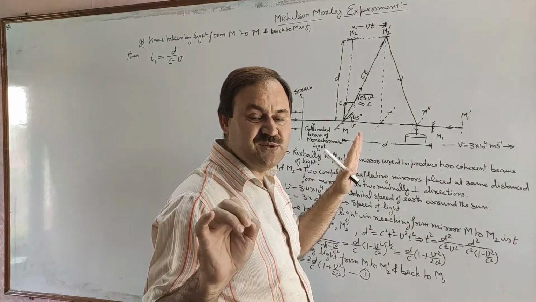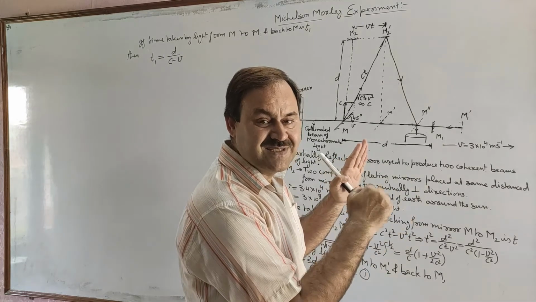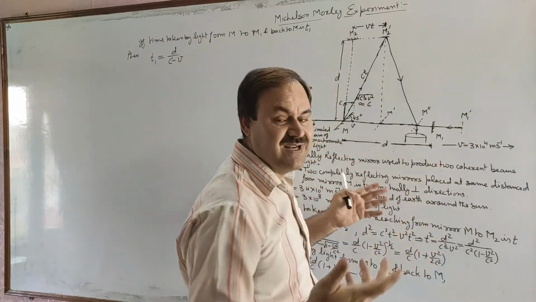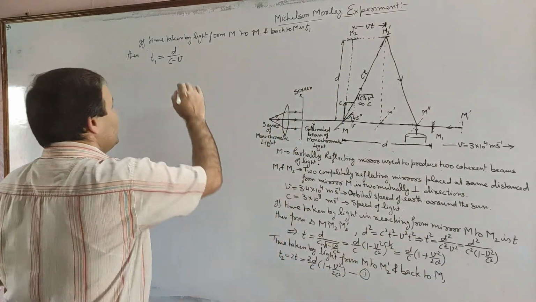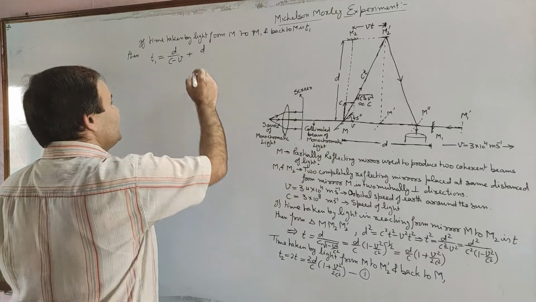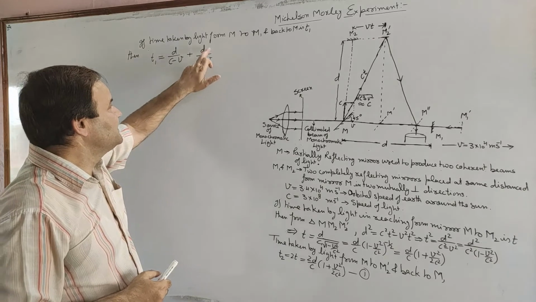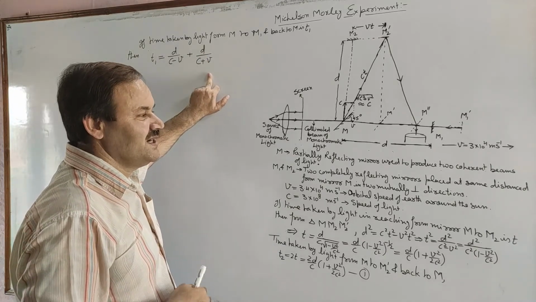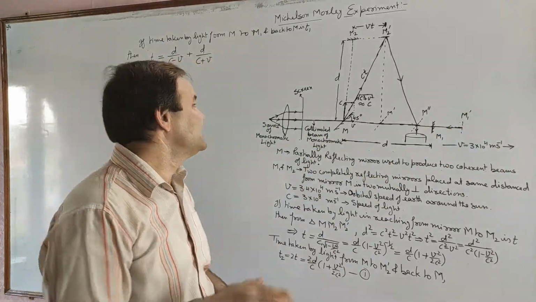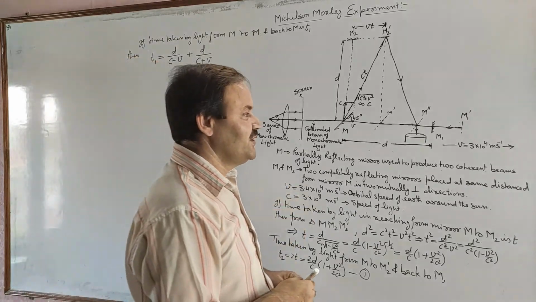So the relative speed of light with respect to mirror will be C plus V, and distance between two mirrors will still be D. So time taken by light in reaching back from M1 to M will be D upon C plus V, and in this time D upon C plus V, again the M and M1 dash will move a distance D upon C plus V into V ahead of their new positions.